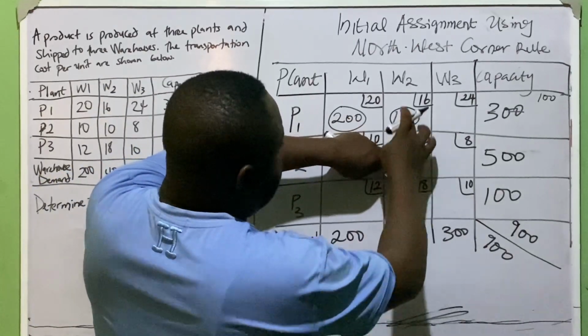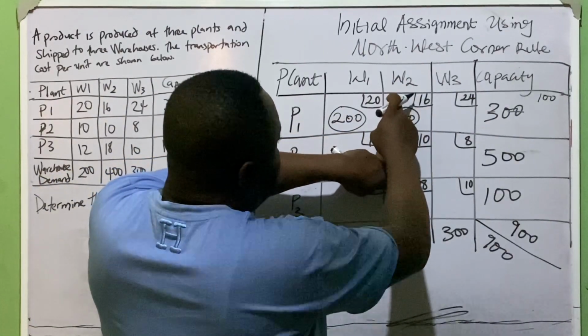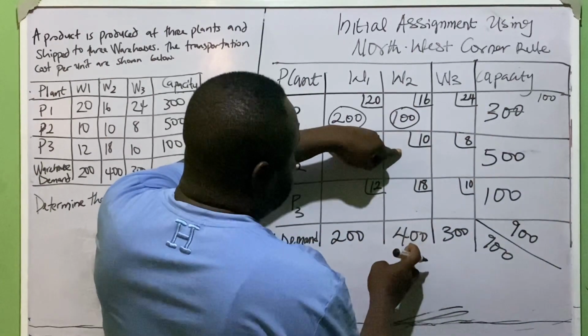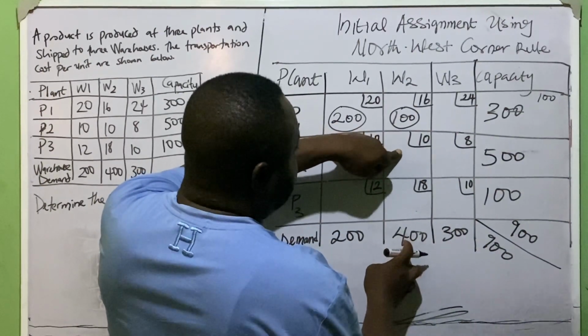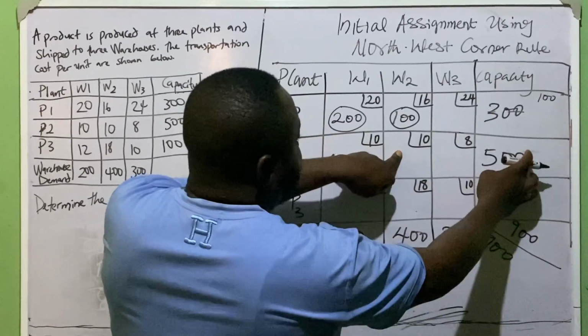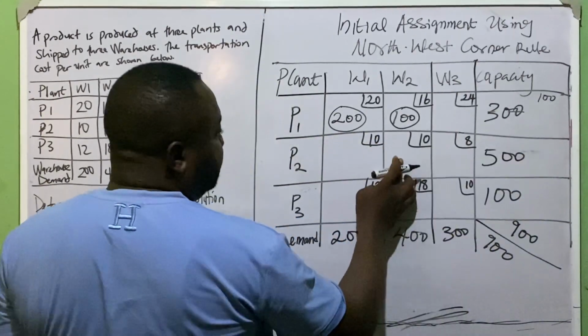This cell is under W2. We've already given W2 100 here, and the total it is asking for is 400. So we're still owing him 100, and plant 2 has the capacity of giving him 300.